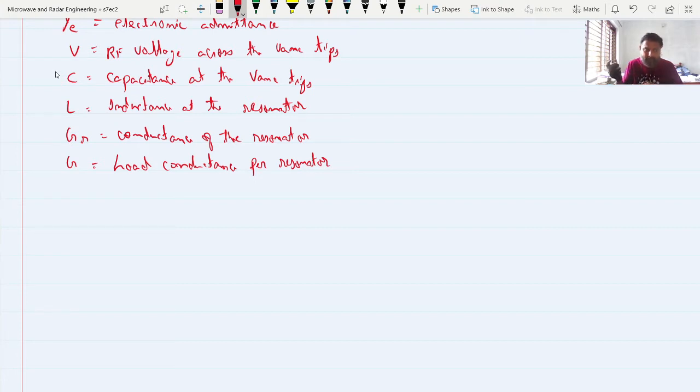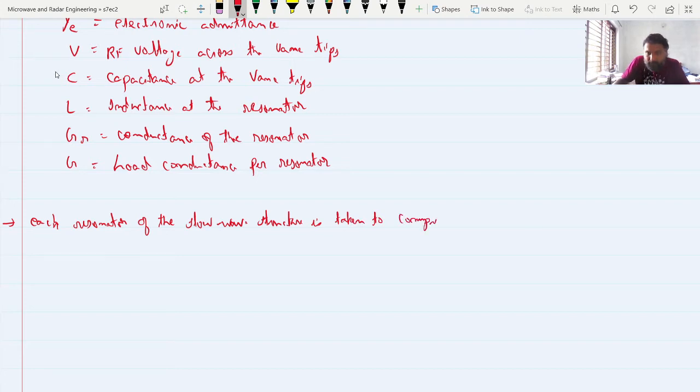Like that, the 8 cavities form resonance circuits. So I will write here: each resonator of the slow wave structure is taken to comprise a separate resonance circuit.